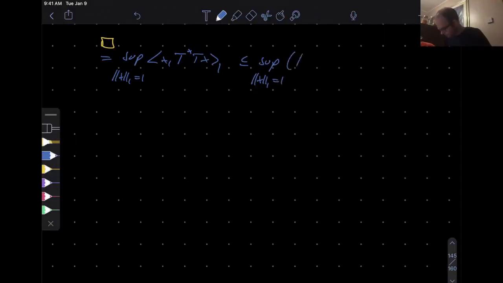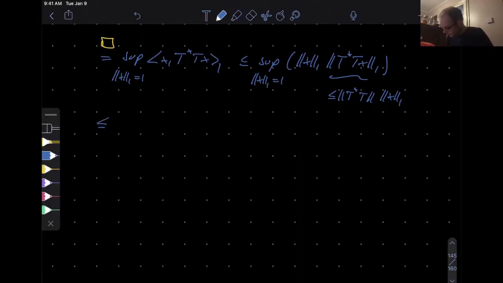So you get the norm of x_1 times the norm of T star T x_1. Yeah, and then you use that standard trickery again, that this is at most the operator norm of T star T times the norm of x_1. Then you have the norm of x in the first space squared. You optimize it over the sphere, so that optimum there is 1.